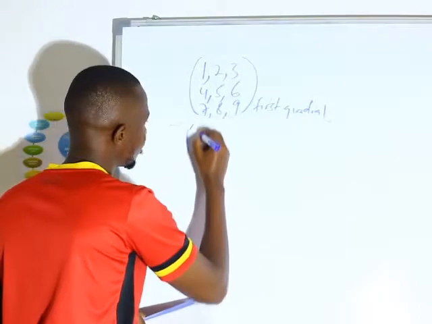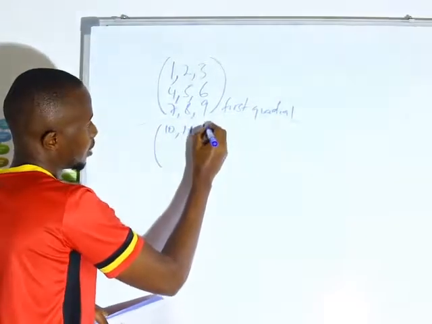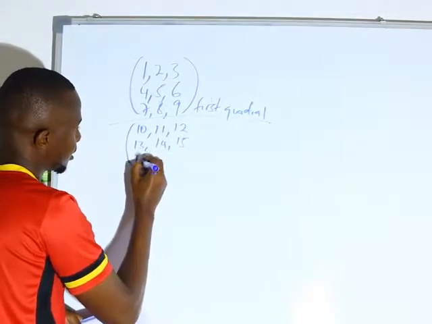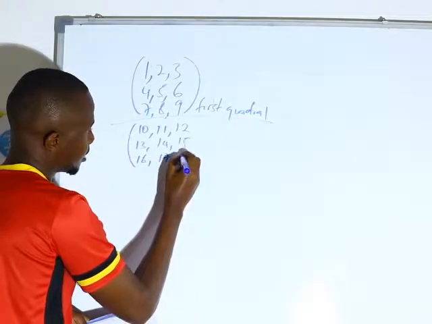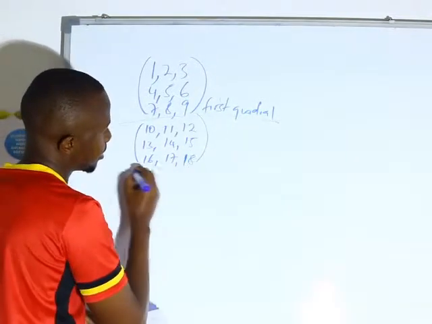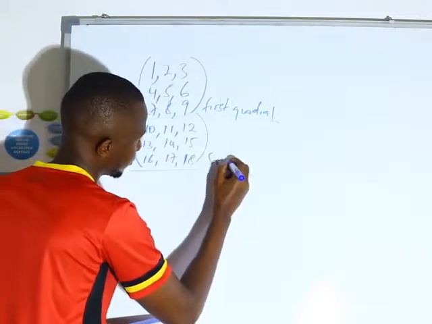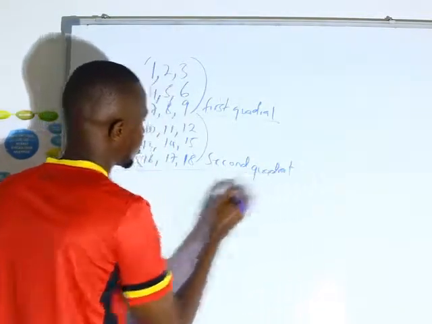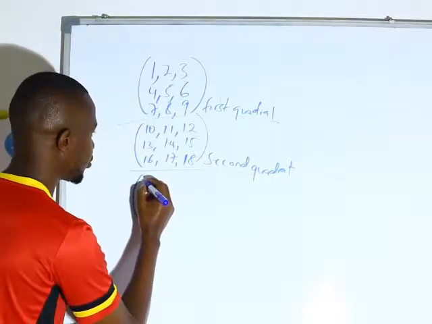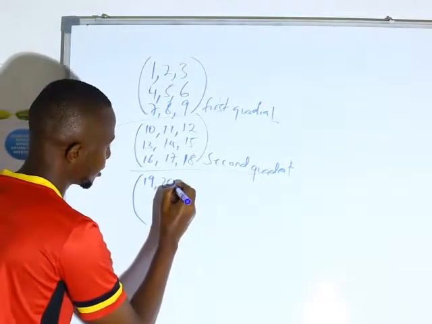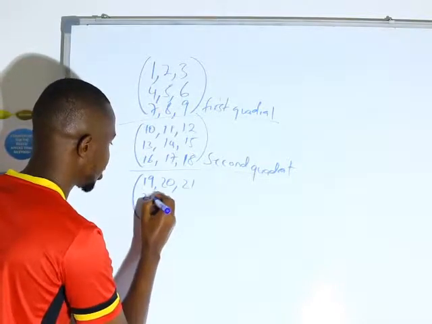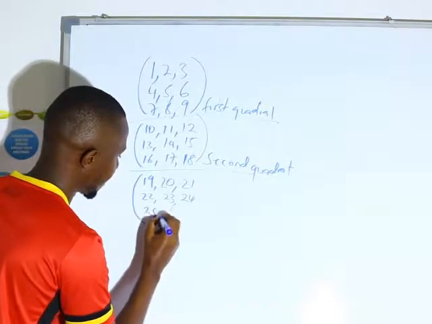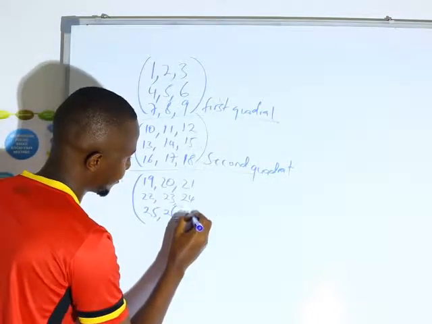Then the second quadrant begins from 10, 11, 12, 13, 14, 15, 16, 17, 18. So that is the second quadrant. So let's stop on the third quadrant, which is 19, 20, 21, 22, 23, 24, 25, 26, 27.